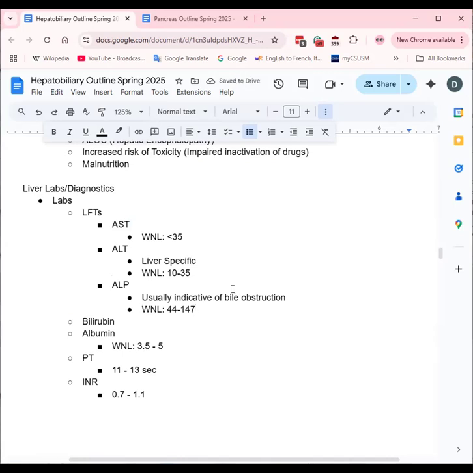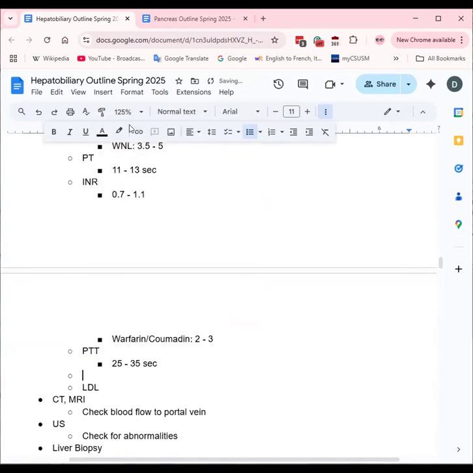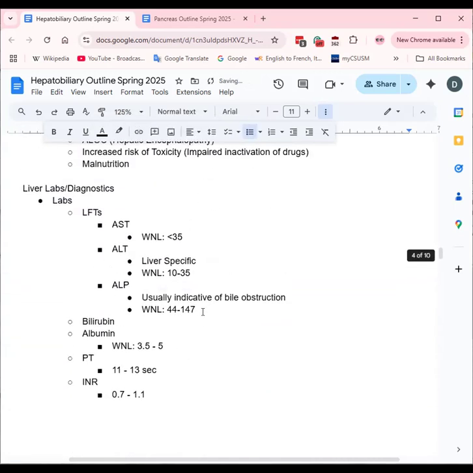So if you go back to the ammonia, I'll bring ammonia closer up so we can see that comparison. You can see the number 35 or 45 is kind of a benchmark for both. So for ALT and AST, under 35, it should be good.